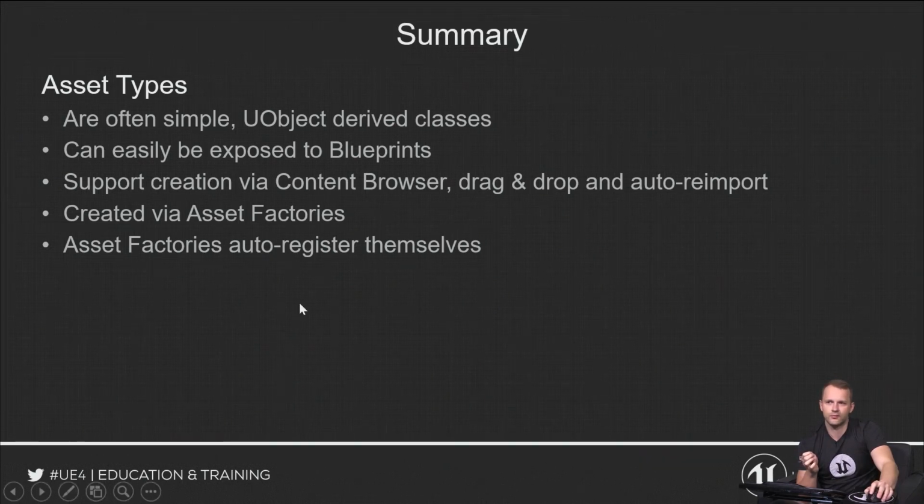And then the features such as the context menu and drag and drop and automatic re-import is all handled via asset factory classes. And one really cool feature is that you don't actually have to do anything else besides declaring those factories. The mere fact that they are derived from uFactory will make them auto-discoverable by the editor. So they auto-register themselves and things just work.